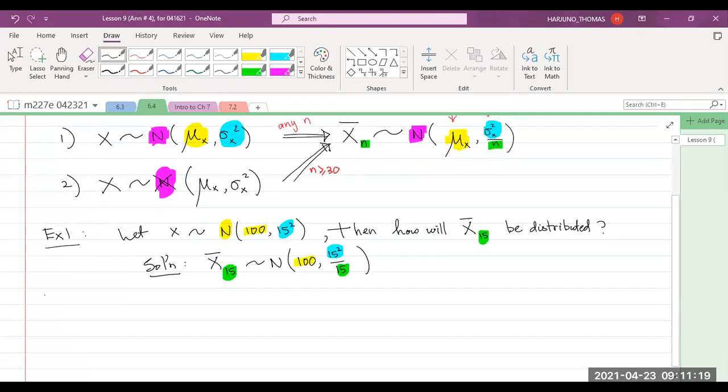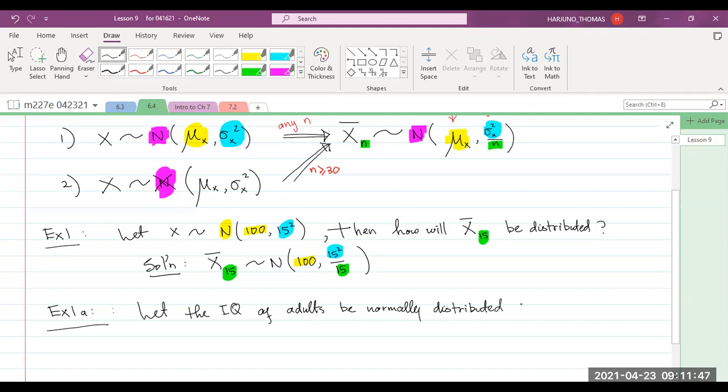Okay, now let me do a variation of this example 1. Let the IQ score of adults be normally distributed with mean 100 and standard deviation 15.